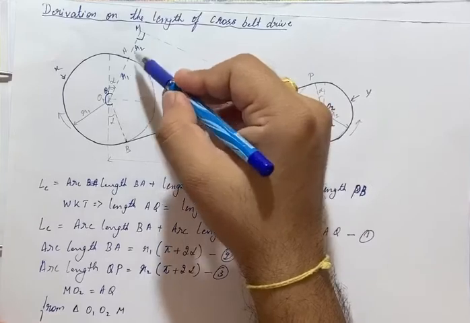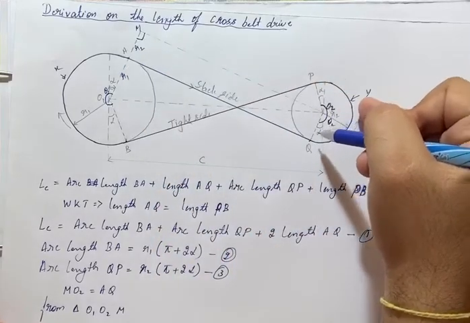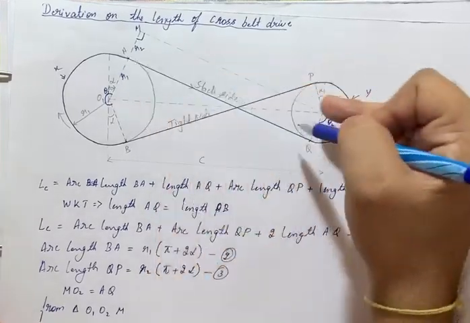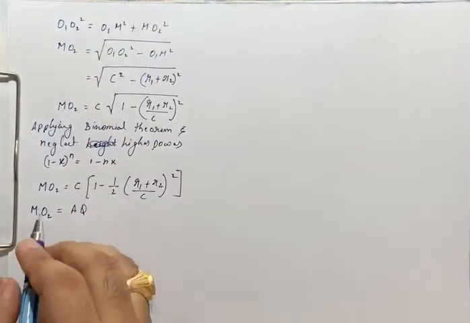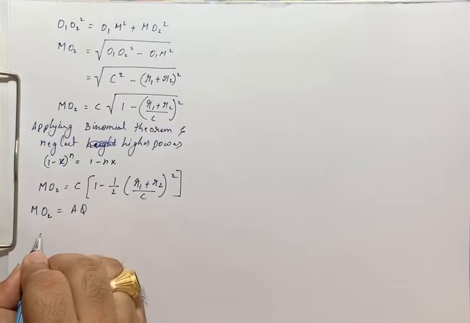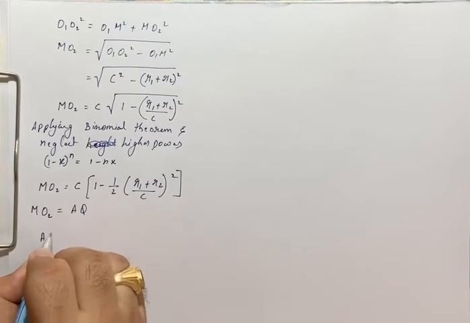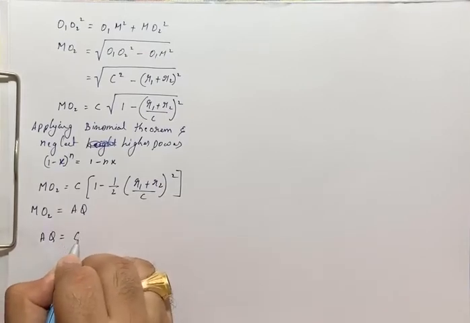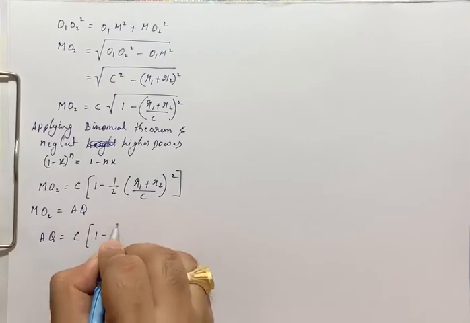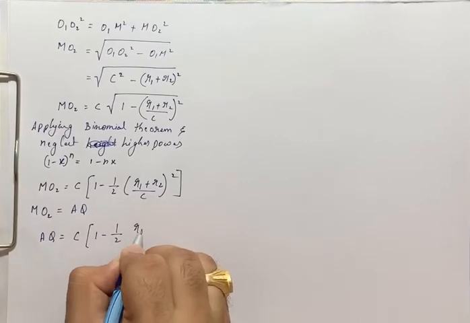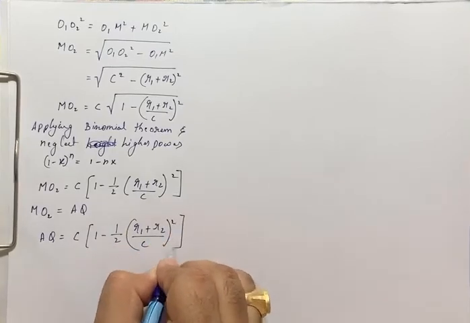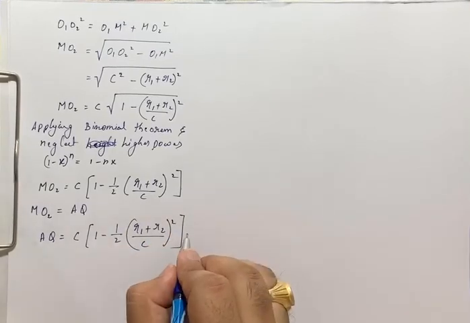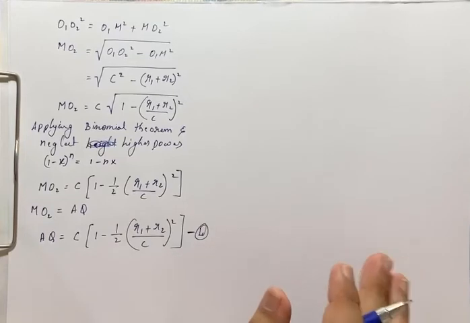So in place of MO2, I will be writing AQ here. AQ is what? C into 1 minus 1 by 2 R1 plus R2 by C whole square here, right. Call this as equation number 4, right.